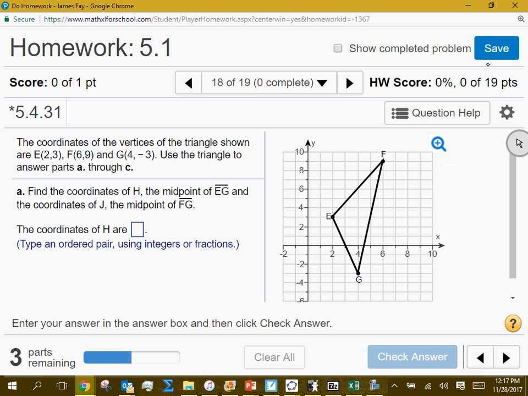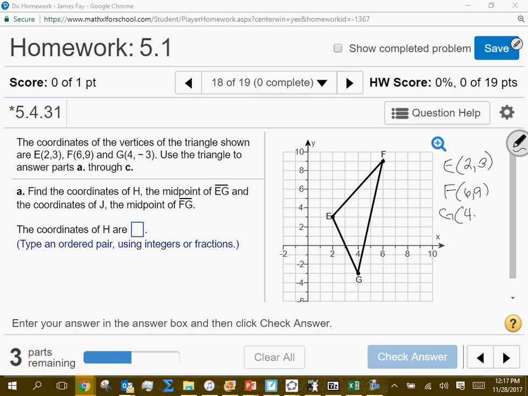Okay. So we've got E is located at 2, 3. F is at 6, 9. G is at 4, negative 3.